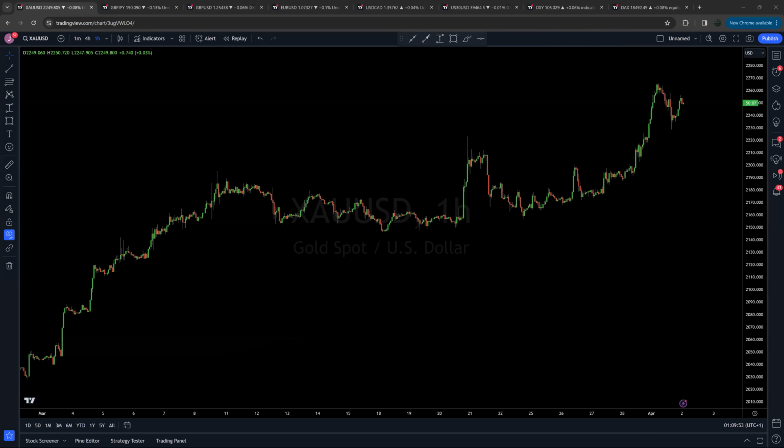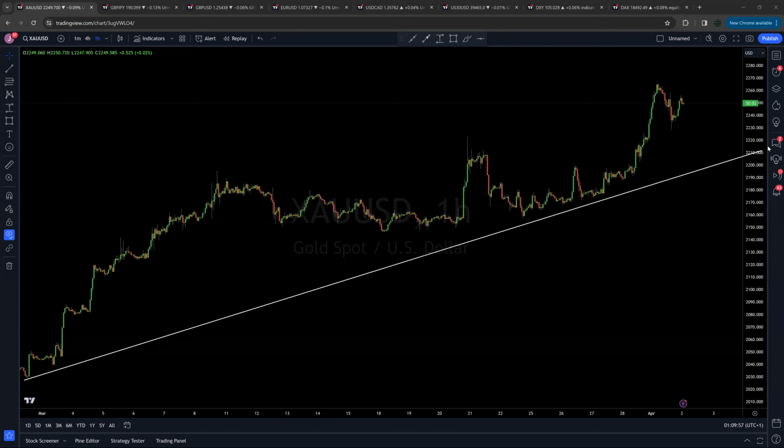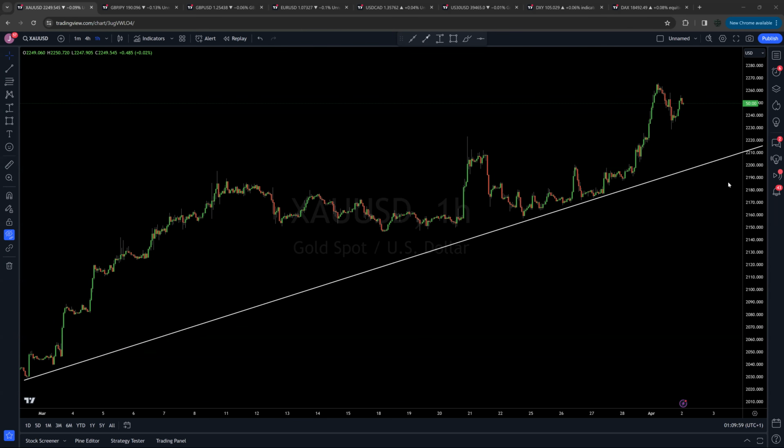Now, when we're looking at gold here, we can see some very strong higher time frame bullish market structure and some very key price points of interest in the near term. We have, of course, these previous significant highs, which can turn into a buyer demand zone for us. We have the last highs here, which were the all-time highs printed into the 2260s.